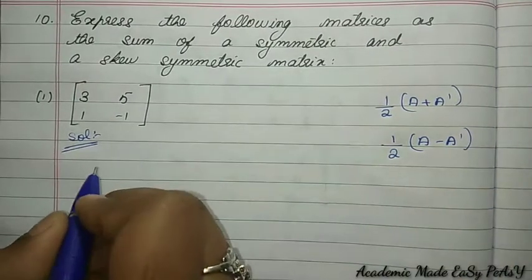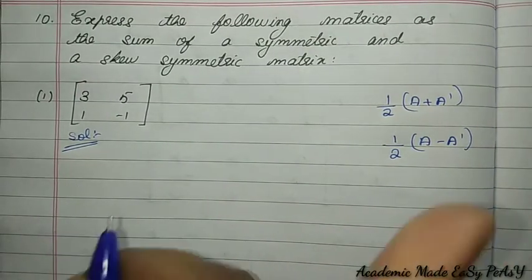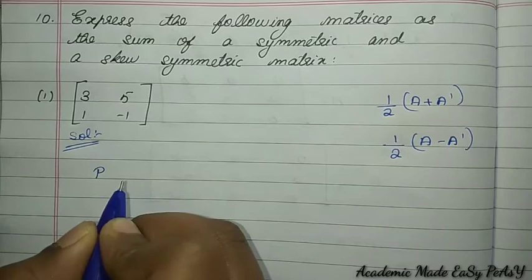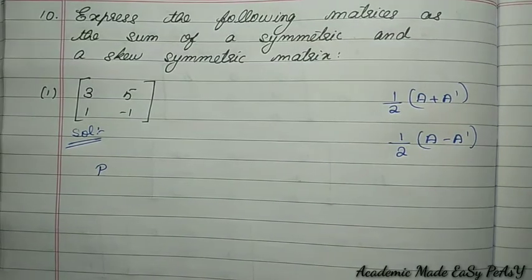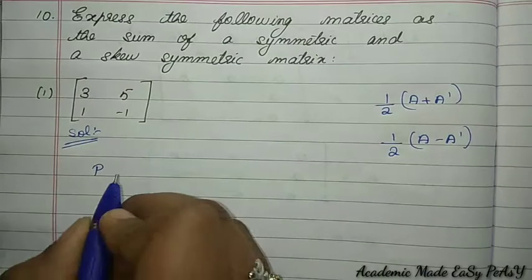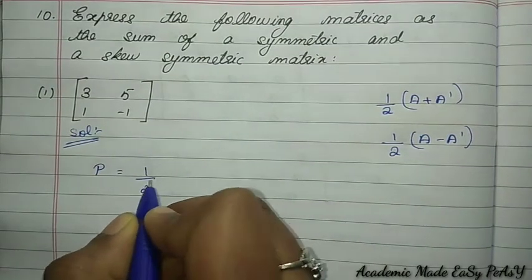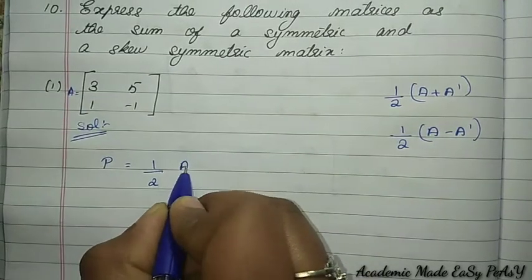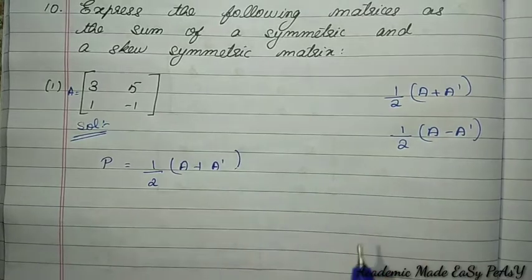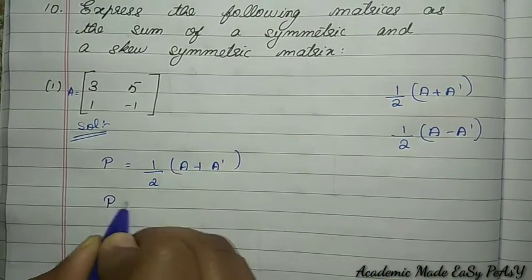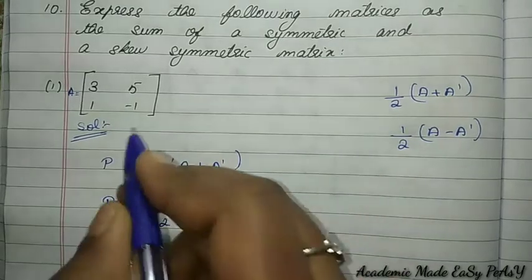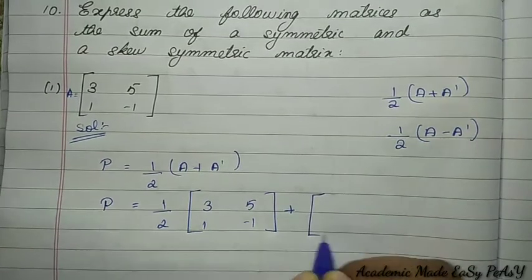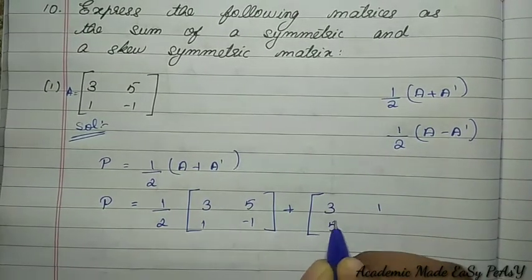So now let's get started. Let's check for symmetric first. Let P always be for symmetric. You can take any other variable, but the standard variable for symmetric is P. So P is equal to half of A plus A dash, where this is matrix A. So P is equal to half of, what is my A? 3, 5, 1, minus 1, plus, what is my A transpose? 3, 1, 5, minus 1.